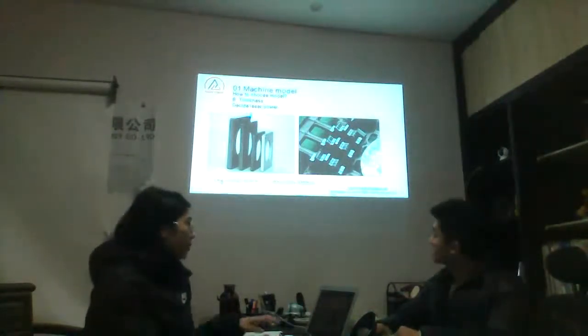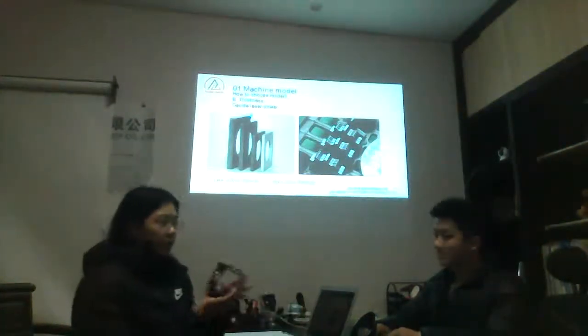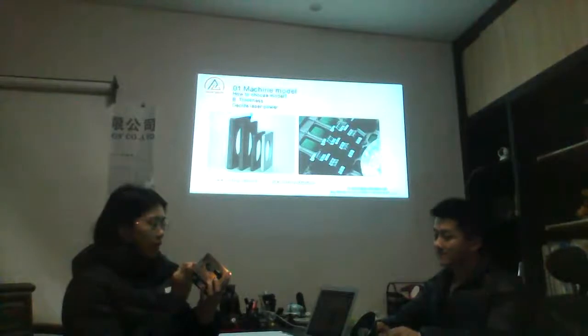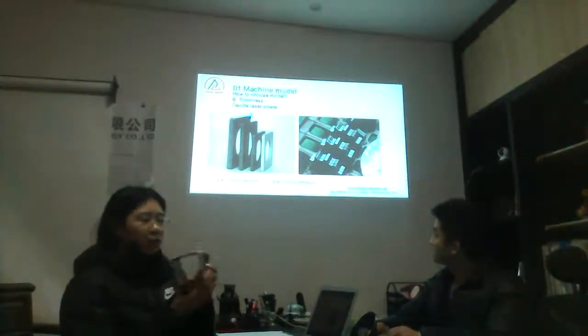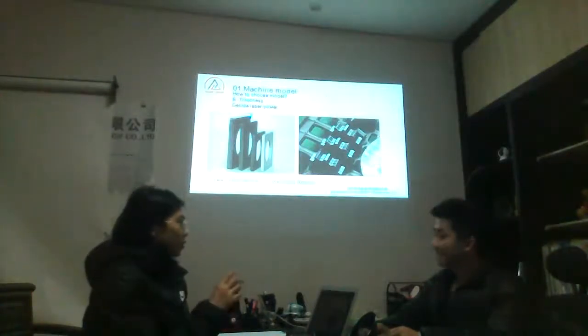For the first photo, it is cutting 16 millimeter stainless steel. For this workpiece, it is about 5 millimeter stainless steel. So we have clarified it.